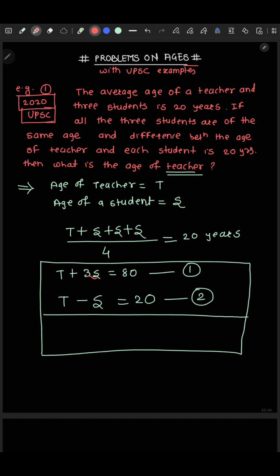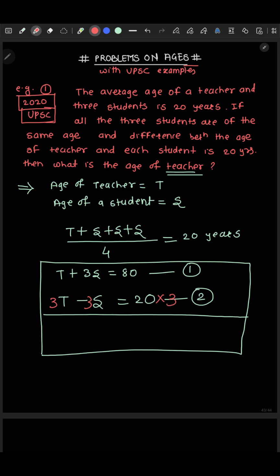In the first equation I can see 3S with a plus sign, so I need minus 3S so that I can eliminate S and have only T as a solution. So I'll multiply equation number 2 by 3. Here 3T minus 3S on the left hand side, so I must do it on the right hand side as well: 20 into 3. This makes sense, right?